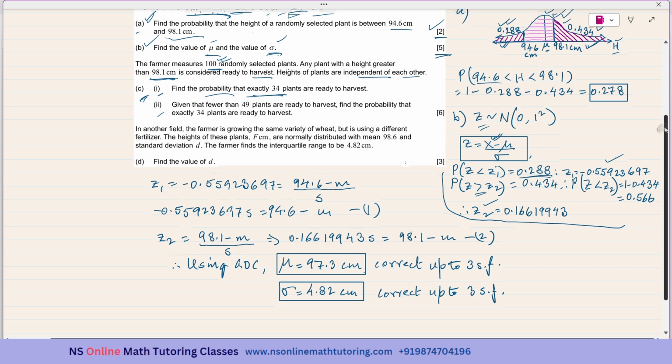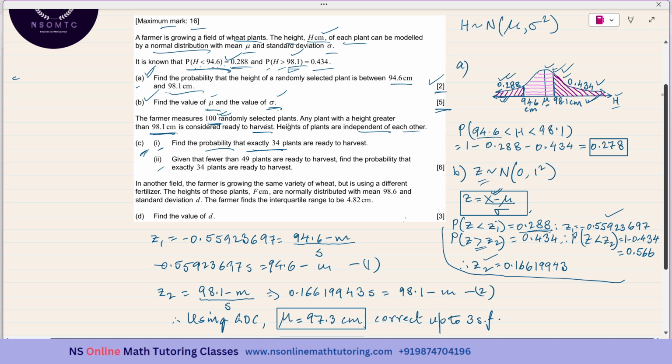Okay, so let me start writing the subpart C's answer over here. The I, number of trials is equal to 100. Okay, two outcomes: either ready to harvest or not ready. There are only two outcomes.